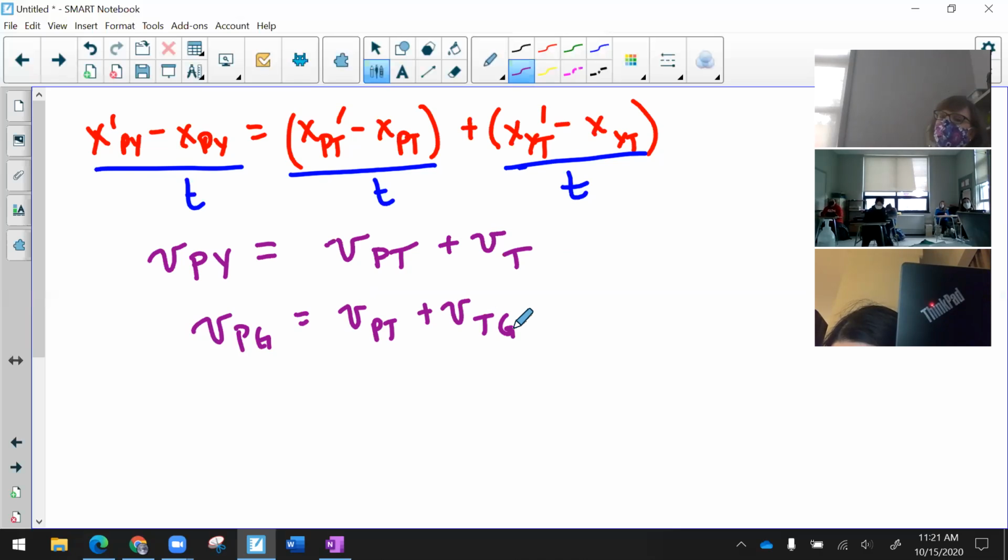And when we do the example, we'll talk about this even more, but the idea is that we're trying to set up a chain. I kind of think about it as a chain. So I've got the velocity of the person with respect to the train. I ended on the train, so the next thing I have to have is the velocity of the train with respect to something, in this case, the ground. And as your book, I think, tried to tell you, these inner indices should be the same when you're adding things up.